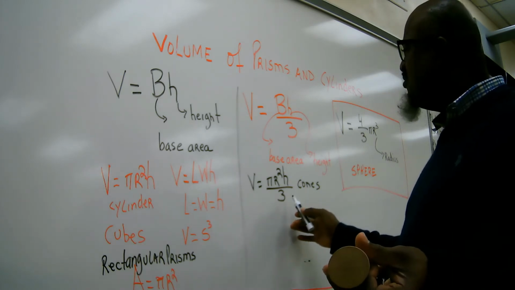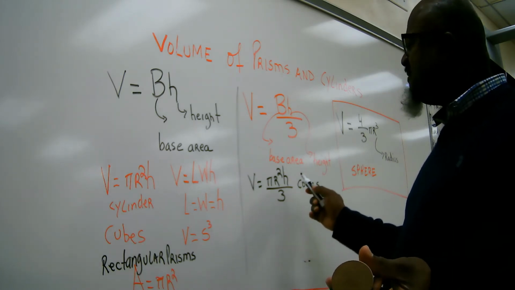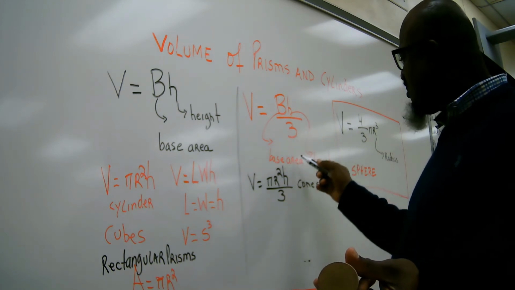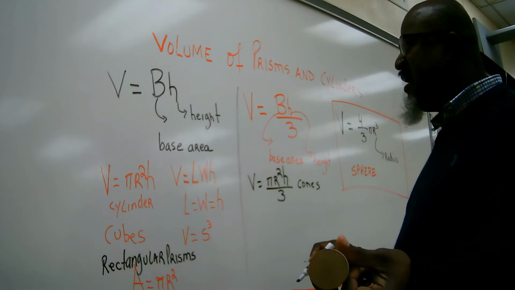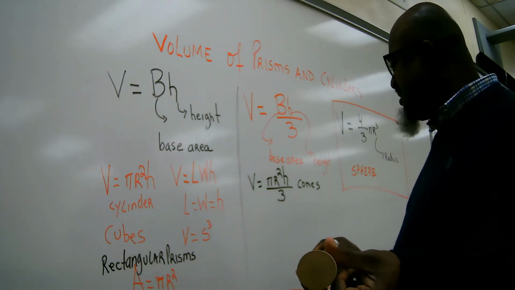Or in other words, if you know the volume of a cone, multiplying by 3 will give you the volume of a cylinder with the same radius and the same height.